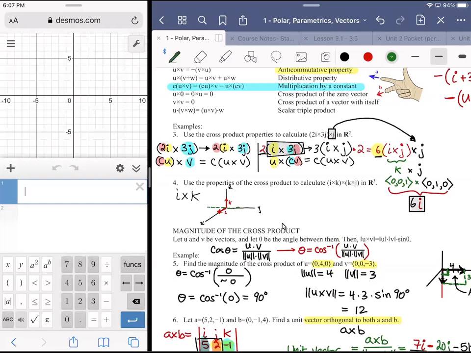All right, so what you would have to do is place, again, your index finger along the first vector, which would be the I vector, and your middle finger along the second vector, which would be the K vector. It's not the easiest thing in the world to do, but you'd have to play it out logically: am I moving the paper or am I moving my hands?